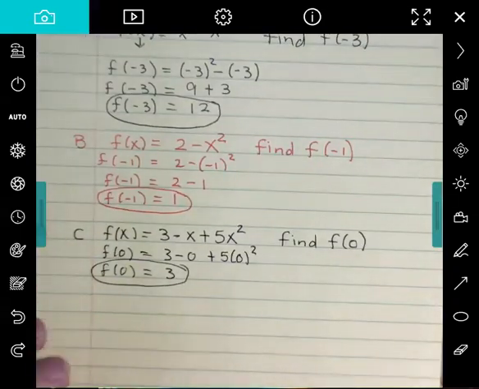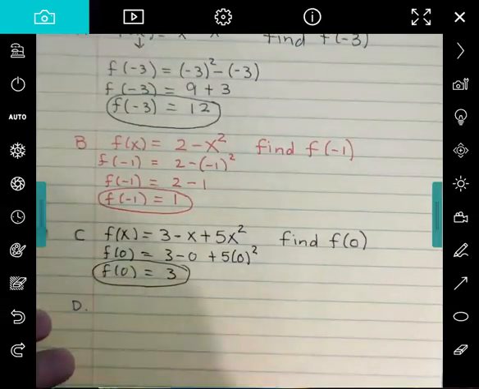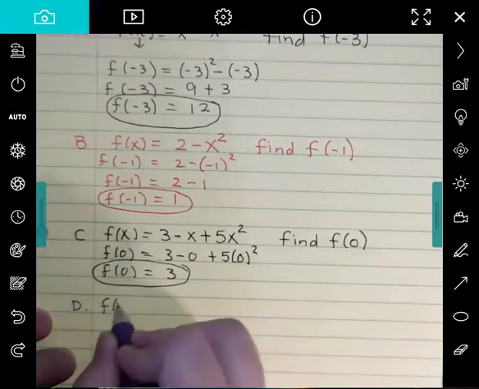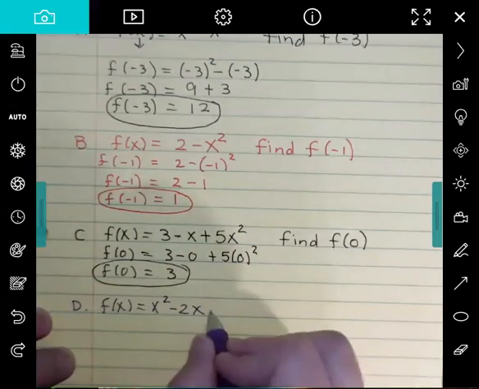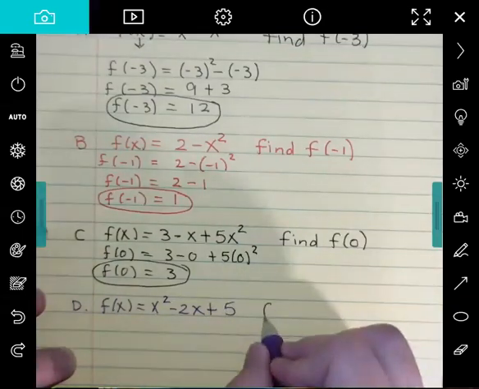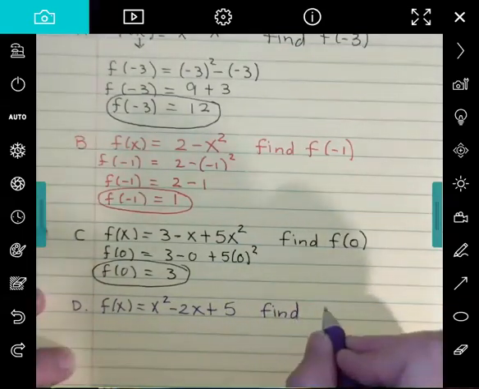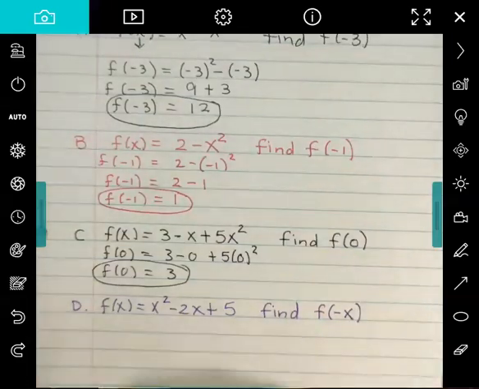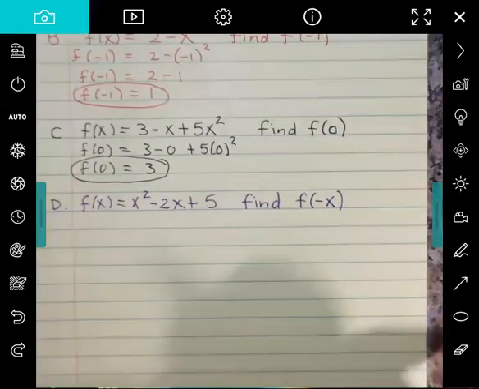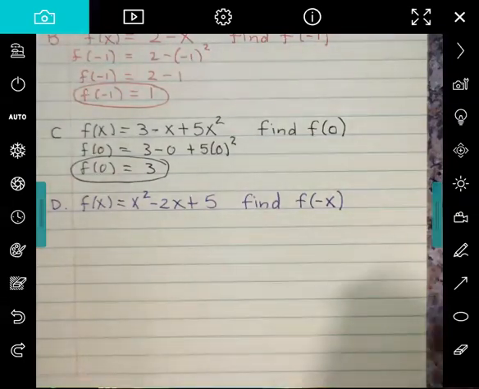Moving right along. F of x is... okay, it's a little harder when they have you put in a variable. And this time it's having you put a negative x everywhere there is an x.